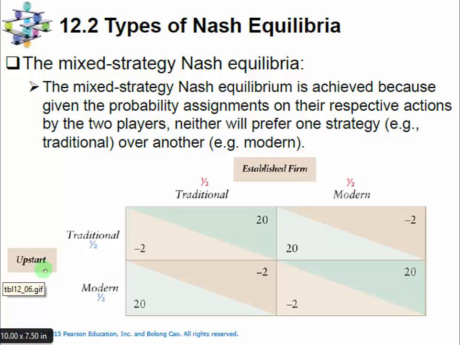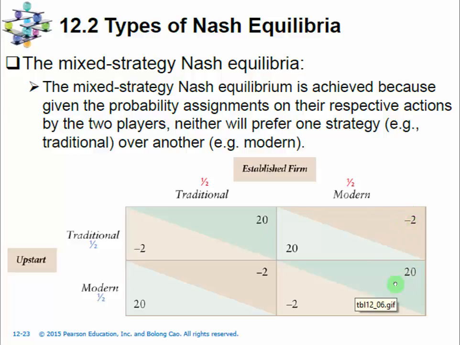Let's say the upstart puts 3/4 of probability in playing the modern style strategy. Then the expected payoff for the established firm to play the modern style strategy is what? It's 3/4 times 20, which gives us 15, and 1/4 times -2, that is -0.5.